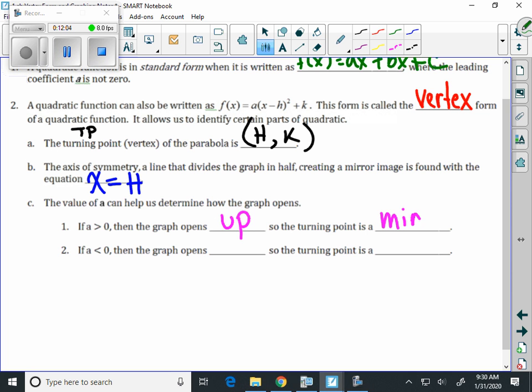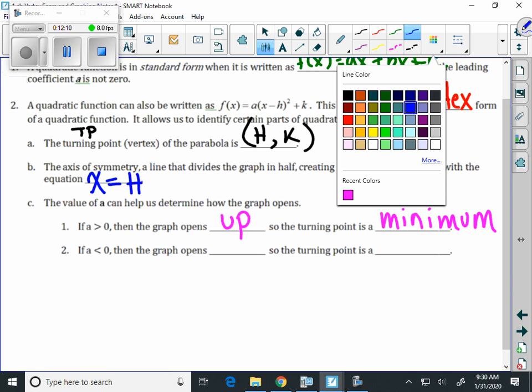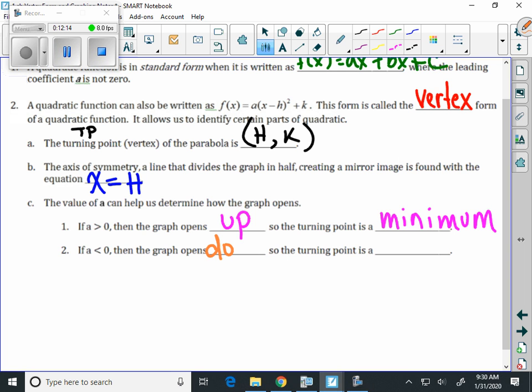Minimum value. If a is less than 0, then our graph is going to open downward. And our turning point, also known as the vertex, is going to be a maximum value. So it gets us back into some old language here.